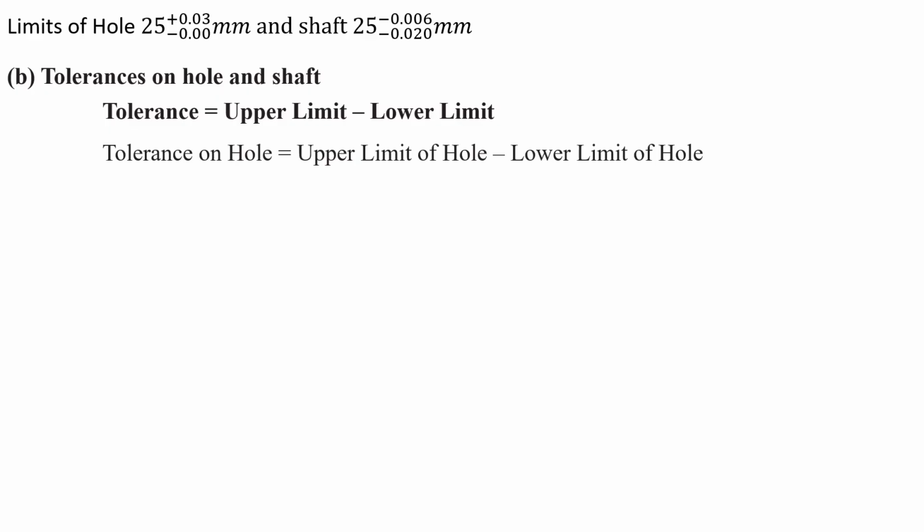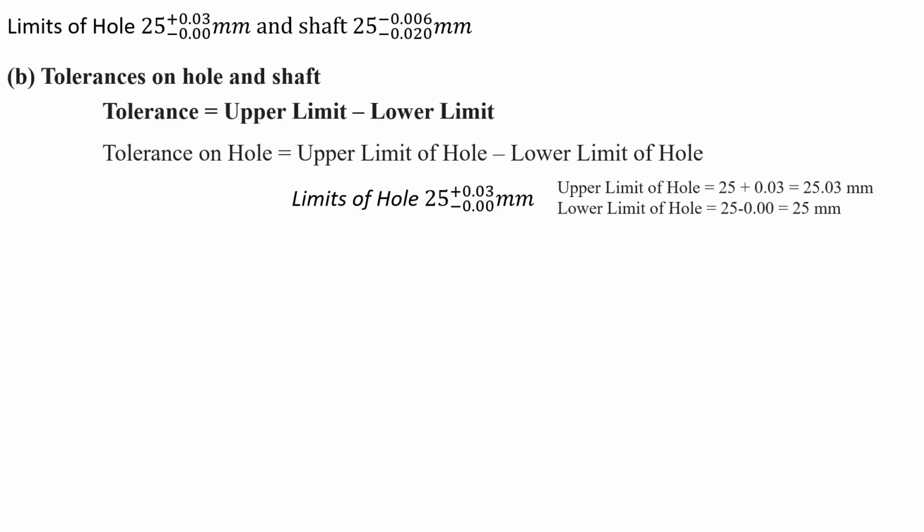Next we have to determine the tolerances on the hole and the shaft. We know that tolerance is the difference between the upper limit and lower limit. So tolerance equals upper limit minus lower limit. First we determine the tolerance on the hole, equal to the upper limit of the hole minus the lower limit of the hole.